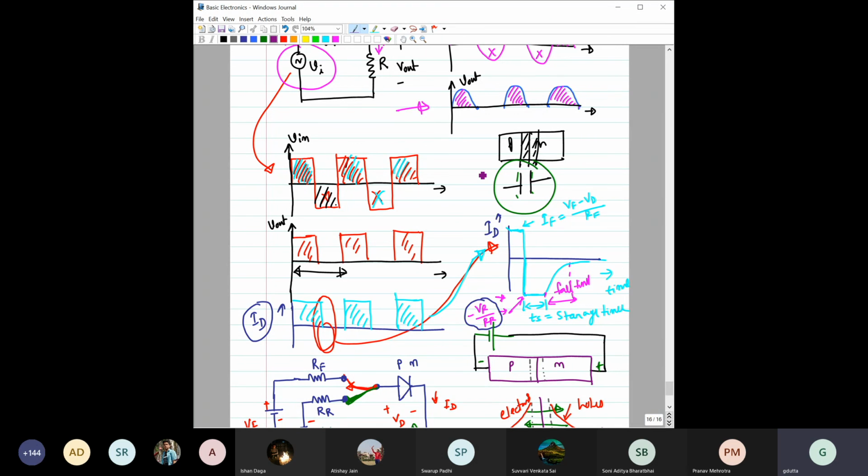But you should know that in the reverse bias also, for a certain amount of time the diode will conduct, and after that it will stop conducting. This is more of a transient phenomenon, not a steady state phenomenon. For most of your circuit applications, we will assume that in the reverse bias the diode instantaneously stops conducting, so you don't have to consider this. But for the sake of completeness, you should know this.